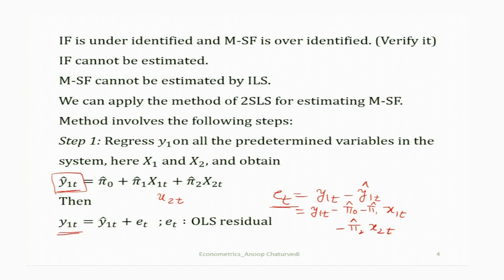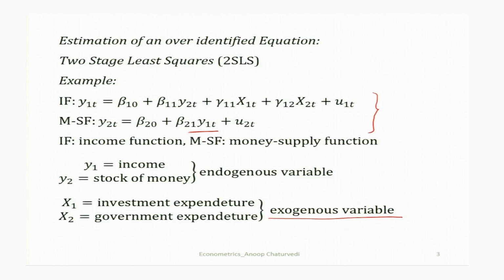You have to estimate the second equation, this one. Now you look at all the endogenous variables present in the second equation except this y 2. Here you have just one endogenous variable, y 1 t.